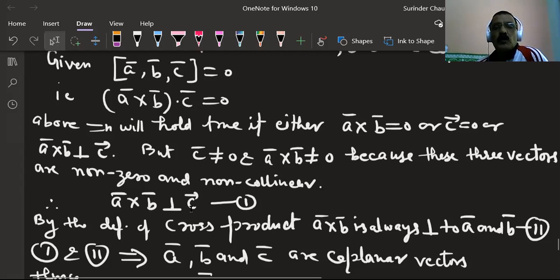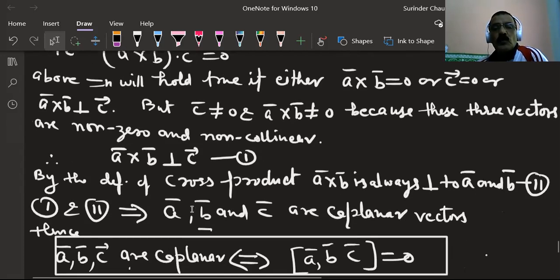So A cross B is perpendicular to C, and by the definition of cross product, A cross B is always perpendicular to A and B. Now A cross B is perpendicular to C and A cross B is perpendicular to A and B. These first and second results imply that the A, B, and C vectors must be coplanar.